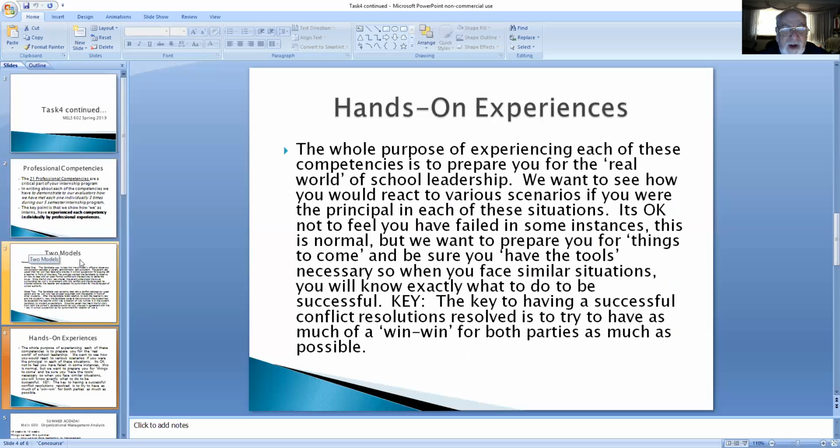I do a training session on conflict resolution, and while it very seldom works out this way, you always want to strive for a win-win situation, and you want the conflicting parties to at least come away with a victory in some way or fashion. That's not always the case in some instances, but that's your goal.